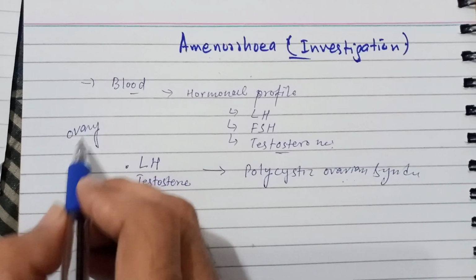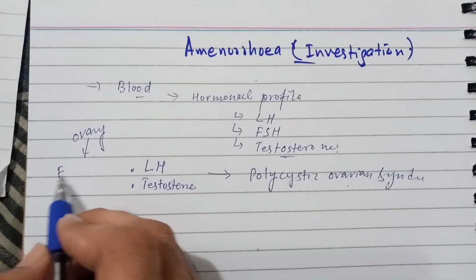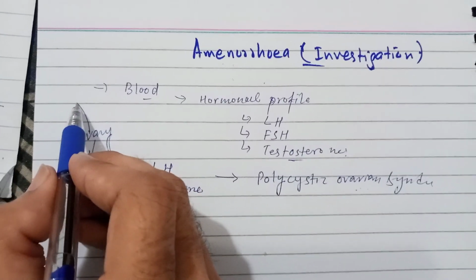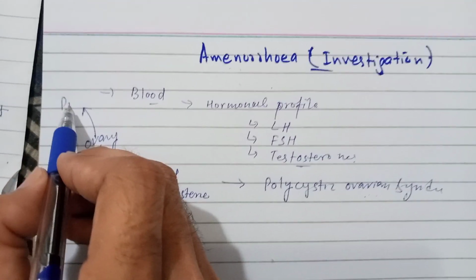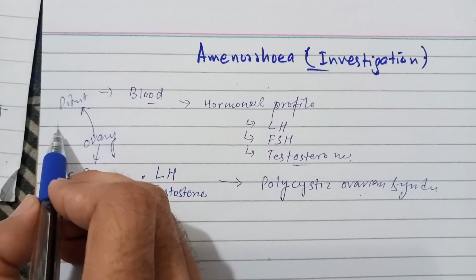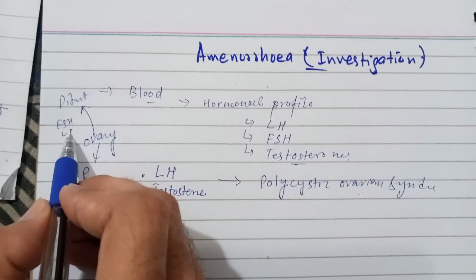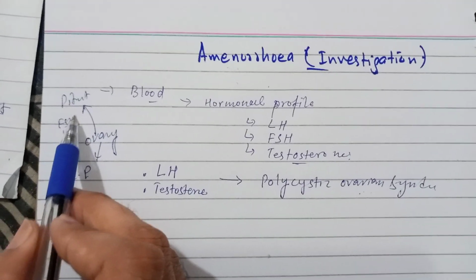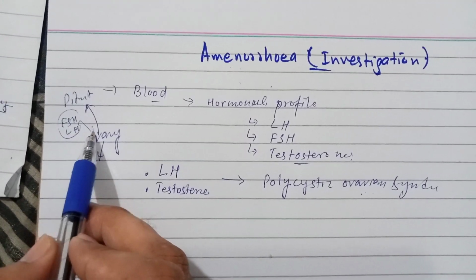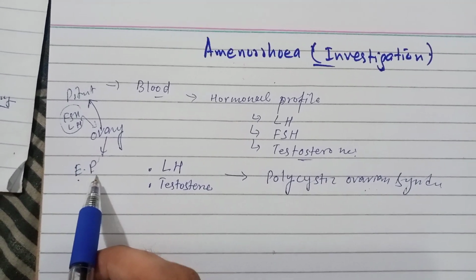From the ovary there is release of estrogen and progesterone, and from the pituitary there is release of FSH and luteinizing hormone, and the pituitary hormones activate the ovary to release estrogen and progesterone.